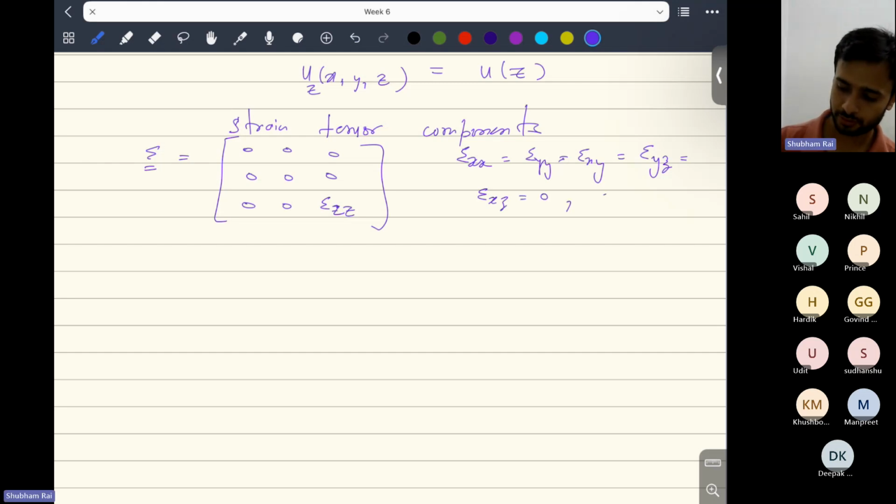Only epsilon zz is the non-zero component. Obviously, I should write it as a capital A. This is non-zero.